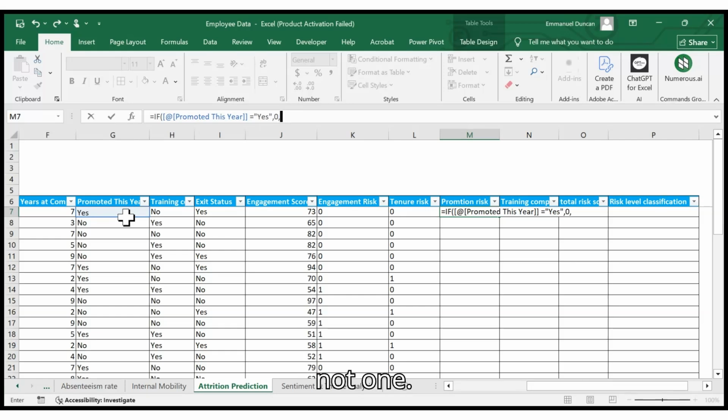If not, 1. Here, all the employees that have not been promoted are being represented with 1, and those who have been promoted are being represented with 0.